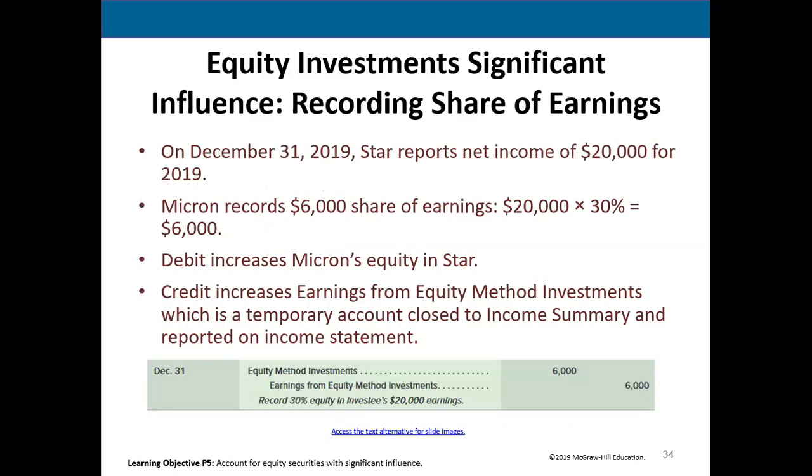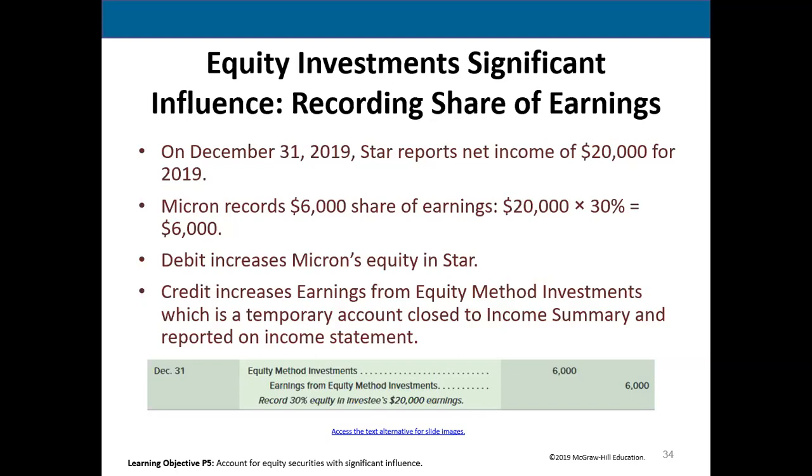In other words, when STAR's equity account increases, the investment account over on Micron's books should also increase. When STAR's equity decreases, Micron's investment account should also decrease. So how do we accomplish this? Well, think about what are the major increases and decreases to equity: net income and dividends.